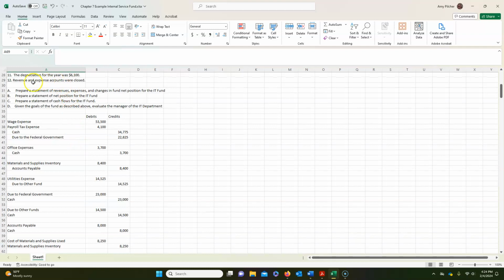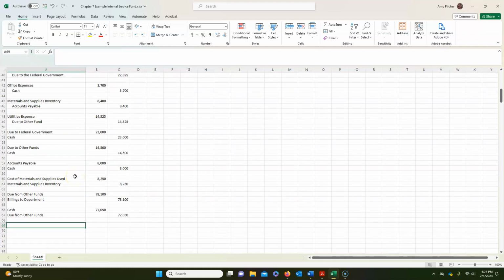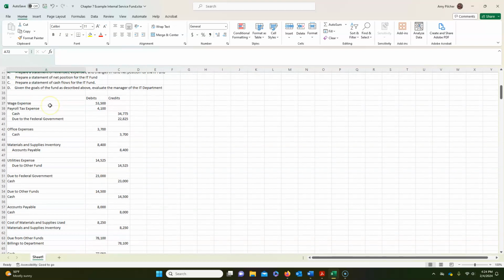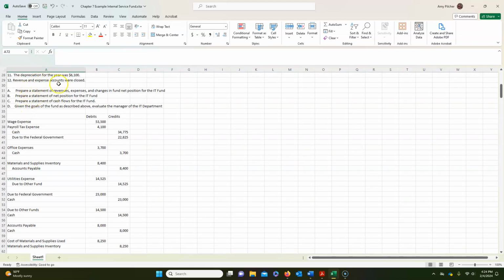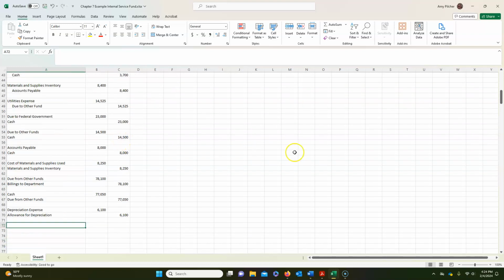Then we had depreciation for the year of $6,100. So we had depreciation expense and allowance for depreciation. And then we have our closing entries. So we close our revenue and expense accounts.